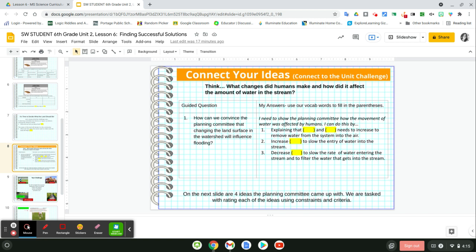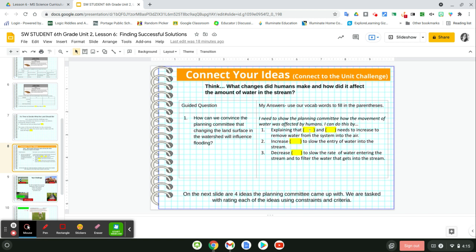So, things that we need to think about in how water moves. I need to show the planning committee how the movement of water was affected by humans. I can do this by, number 1, filling in the blanks, explaining that 2 things need to increase to remove water from the system into the air.